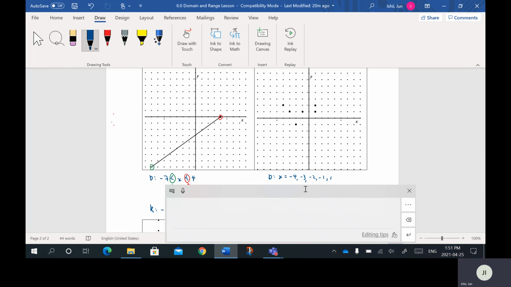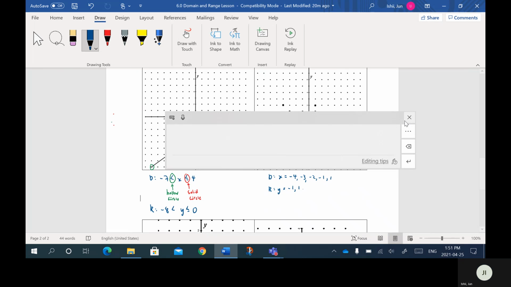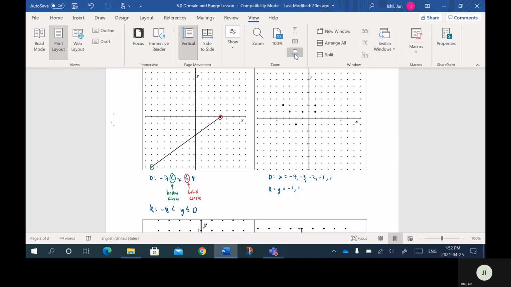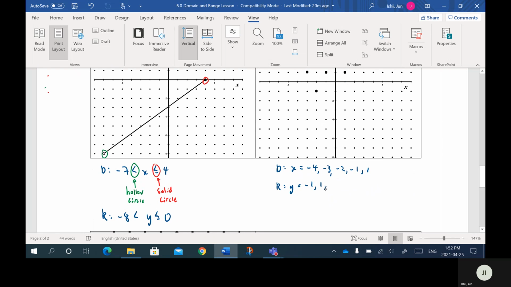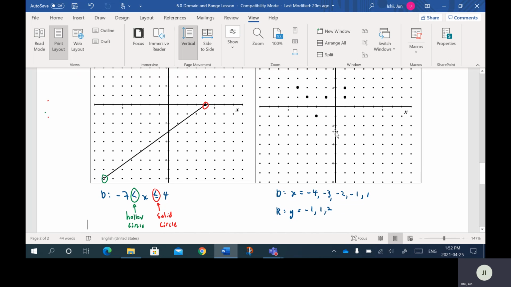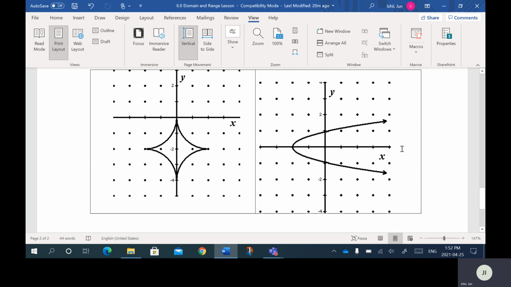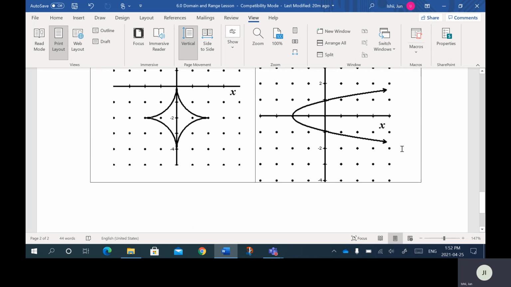That would be 2. So that would be the range: y equals -1, y equals +1, and +2.